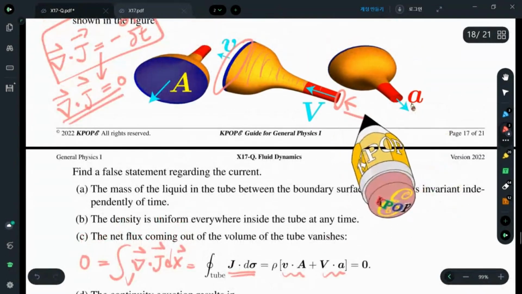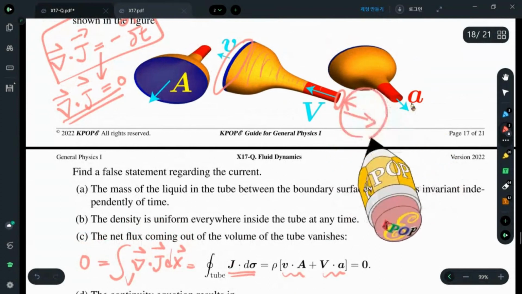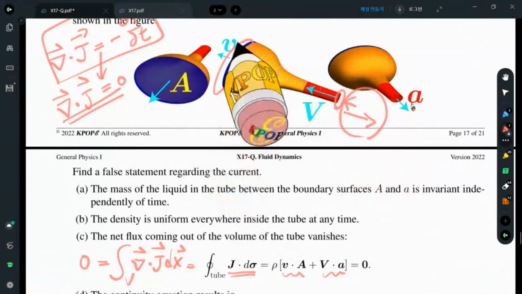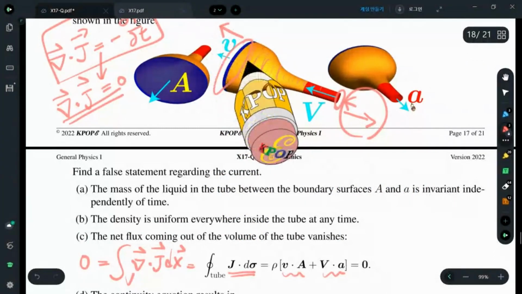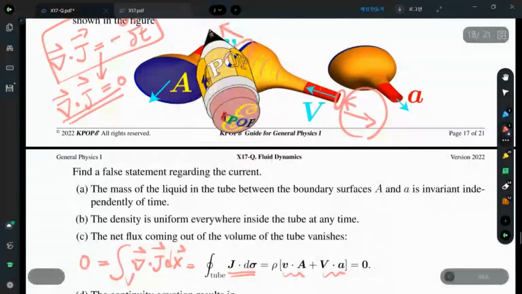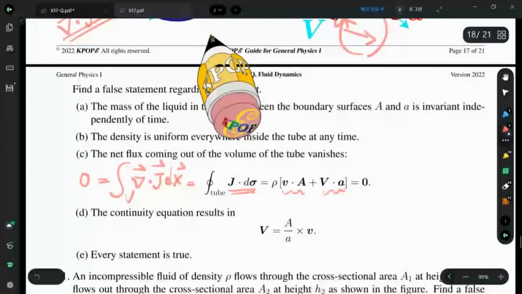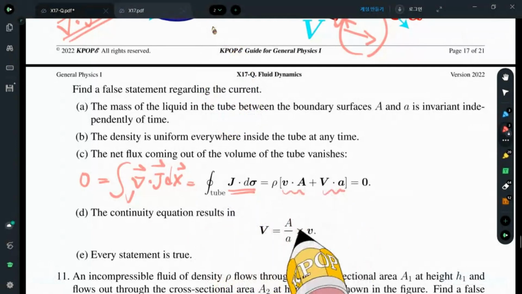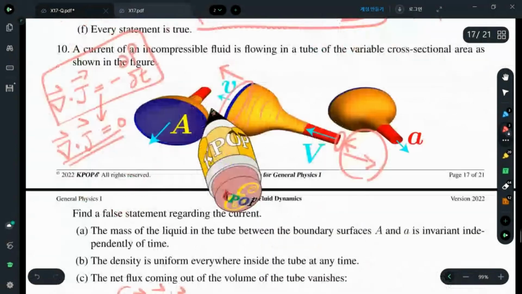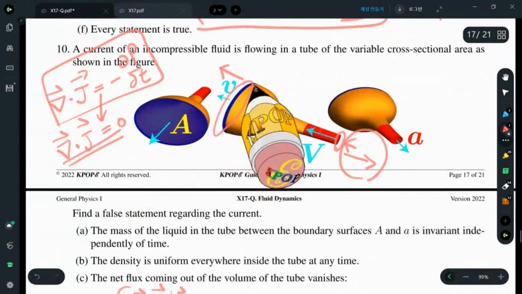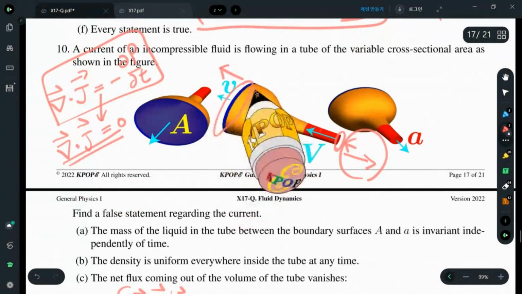Because the normal vector is along this, that is opposite to the flow. The normal vector of this surface is parallel to the flow. You will find the magnitude of the velocity is inversely proportional to the cross-sectional area.